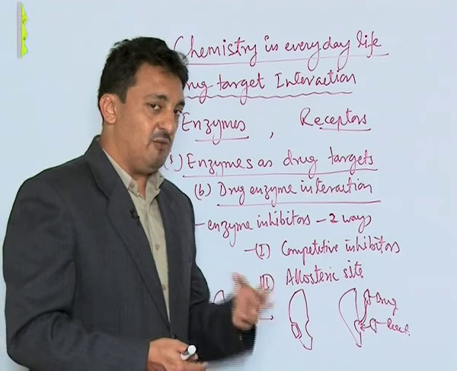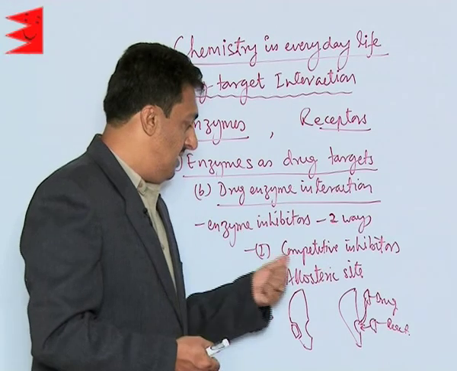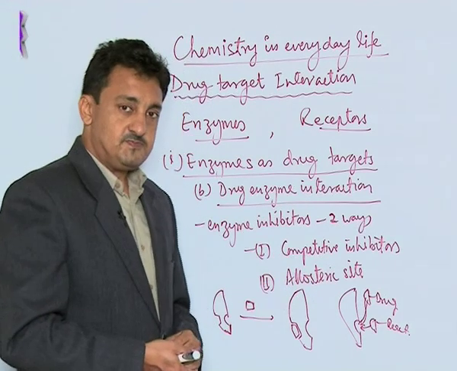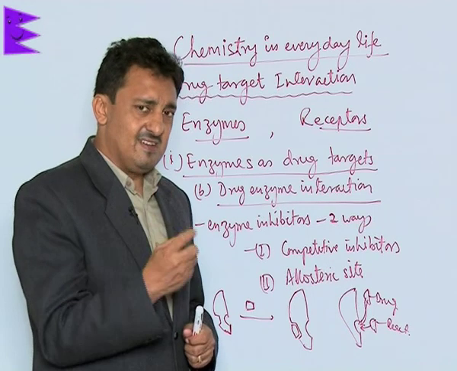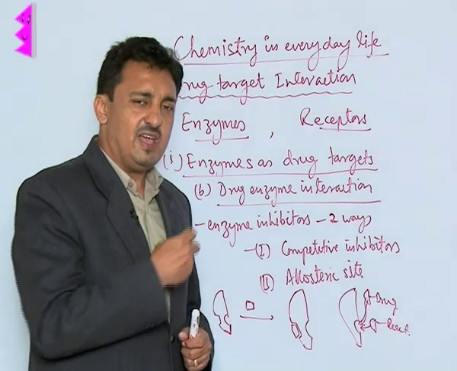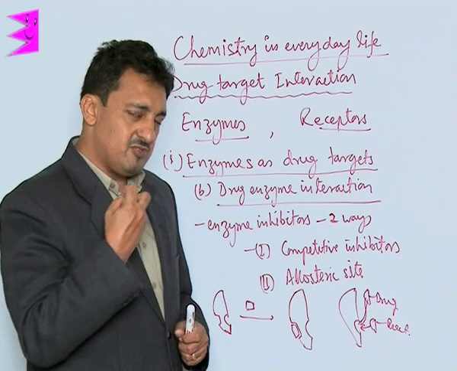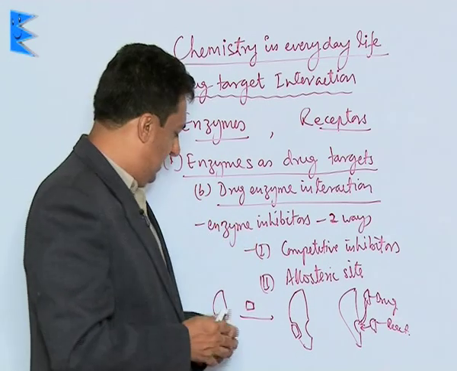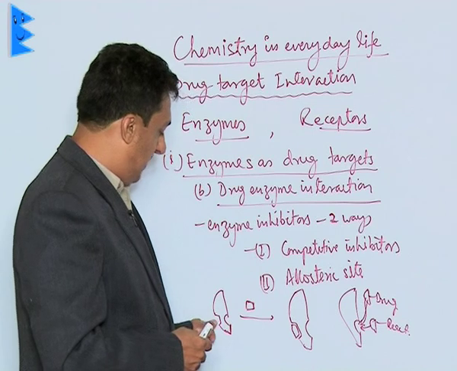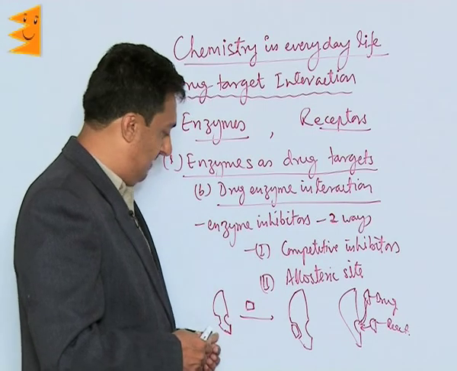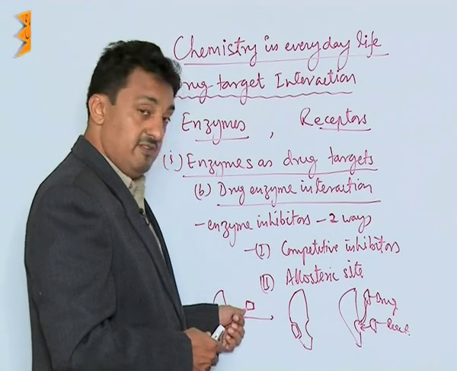Then the second way of inhibiting the enzyme activity is by allosteric sites. There are certain drugs which don't bind themselves to the active sites. They bind themselves to some other part of the enzyme. Suppose this is the other part we have, and this is the active site in the enzyme. This is the drug which is being provided.